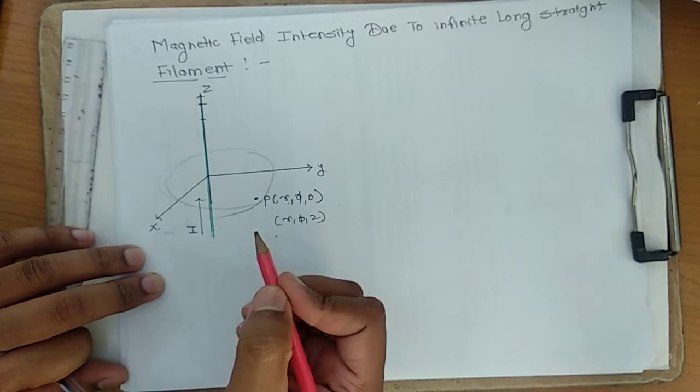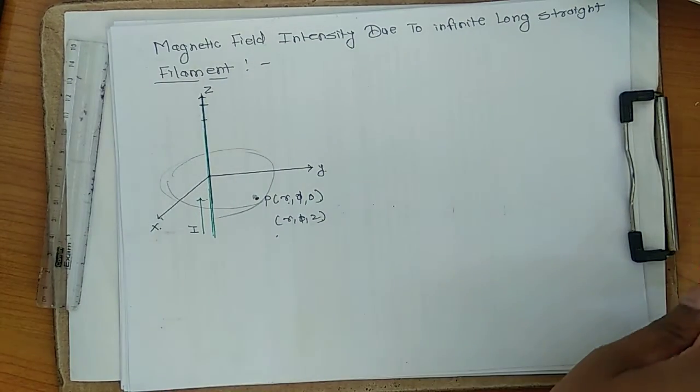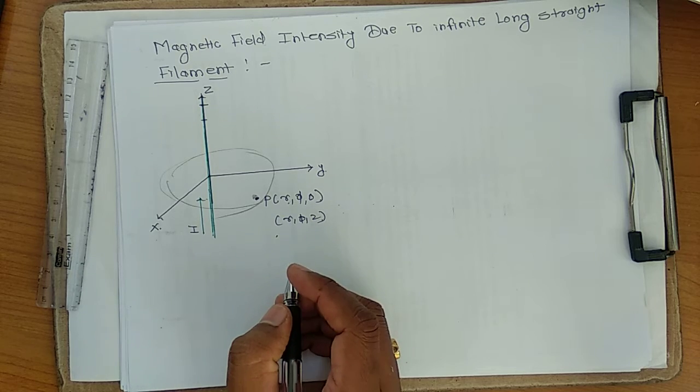Imagine this is a cylinder and there is one point we have to take, and at that point we have to calculate the magnetic field intensity.